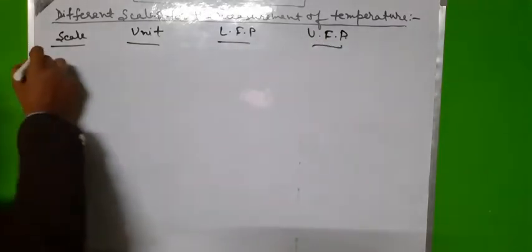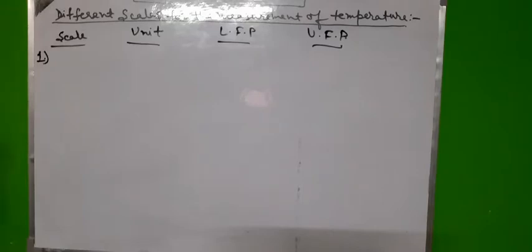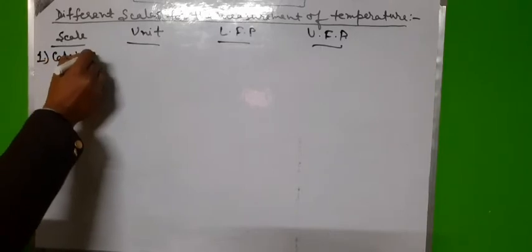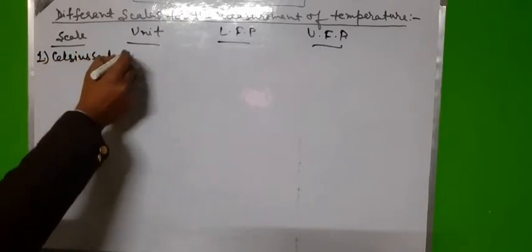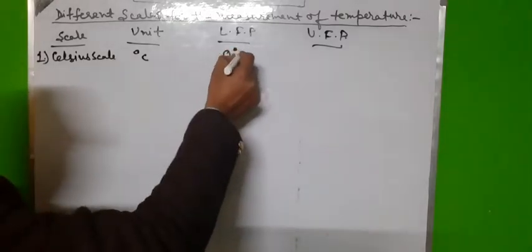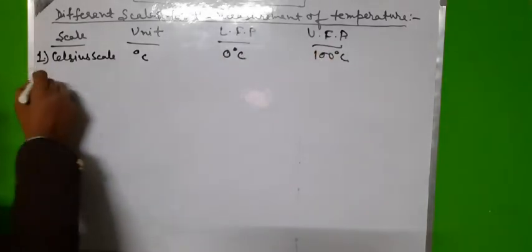Look here. The first scale is the Celsius scale, and its unit is degree Celsius. Lower fixed point 0 degree Celsius and upper fixed point 100 degree Celsius.